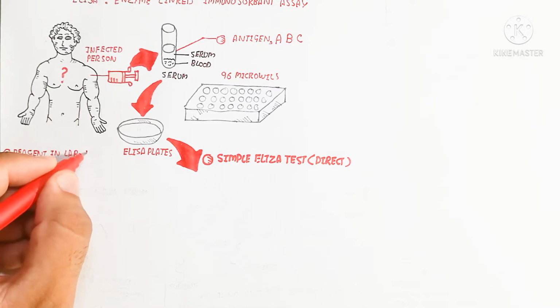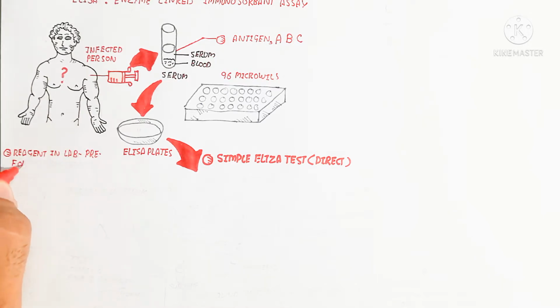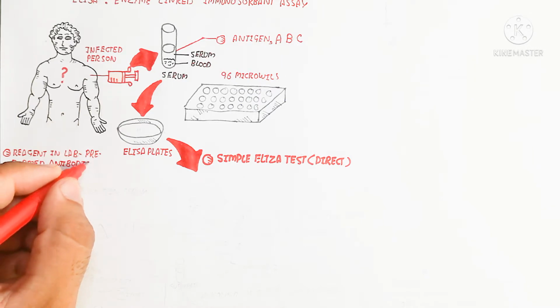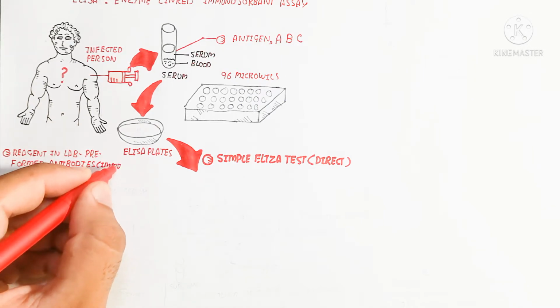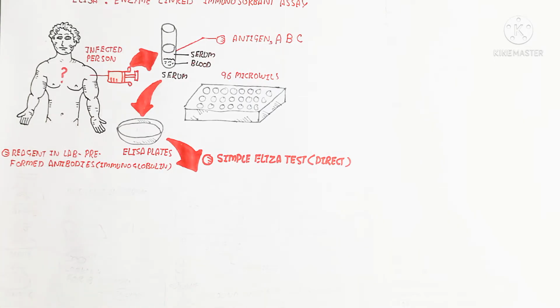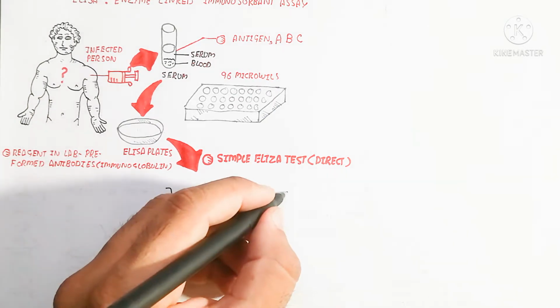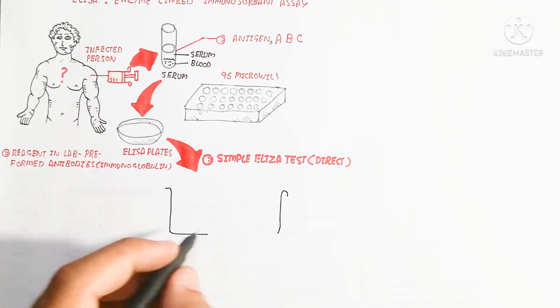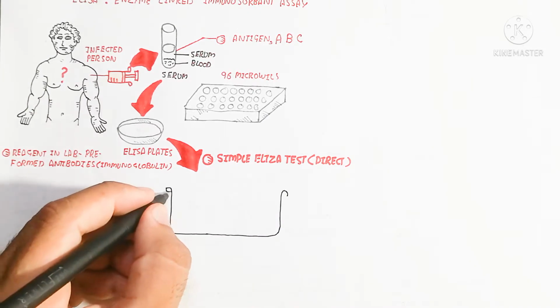We can prepare the reagent in the lab, the preformed antibodies, the immunoglobulin that is used. It means we can produce different types of antibodies in the laboratory by linking the enzyme, so a lot of antibodies are present.